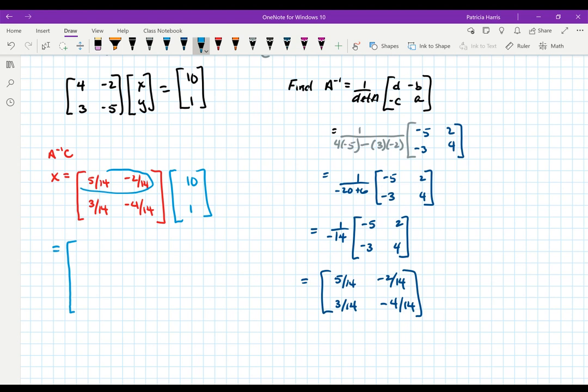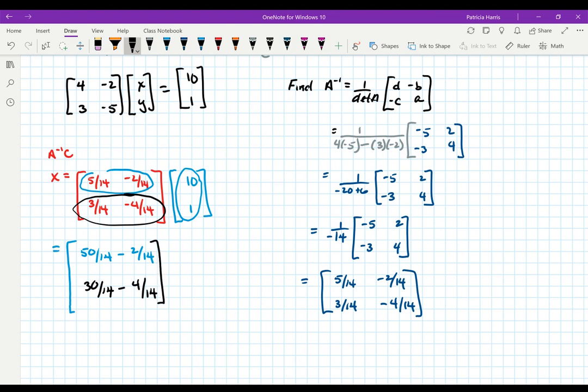5 over 14 times 10 is 50 over 14, and then negative 2 over 14. And we're going to move down. Then 30 over 14 minus 4 over 14.